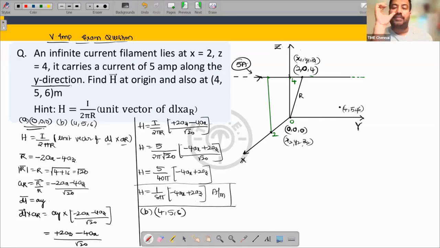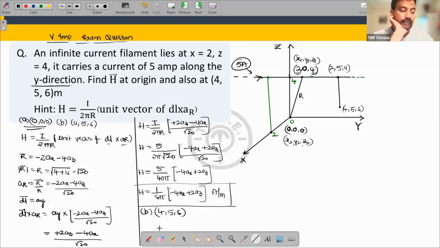Now you must find the nearest point to 4 comma 5 comma 6 on this line, which will of course be 2 comma 5 comma 4, because x and z values are not going to change on this line. Simple.